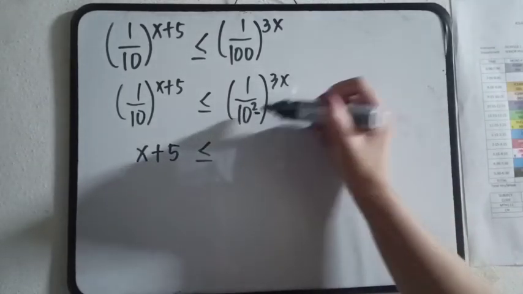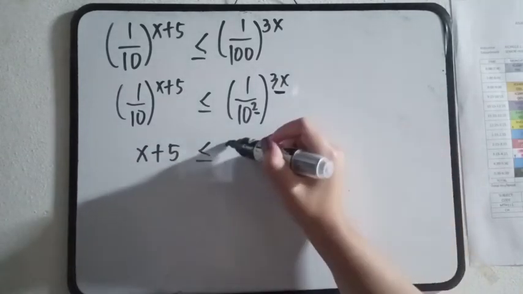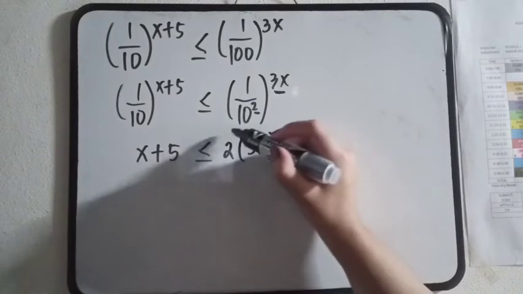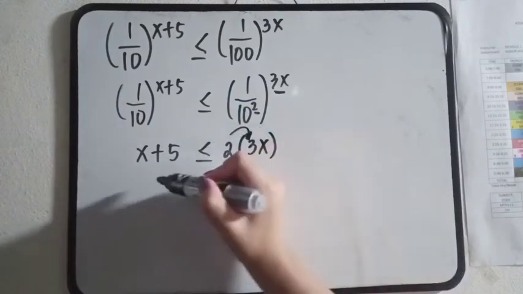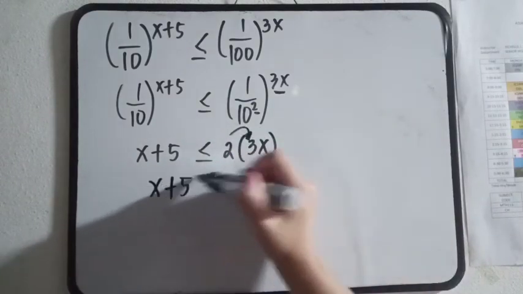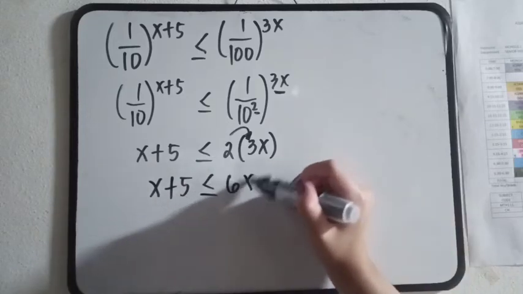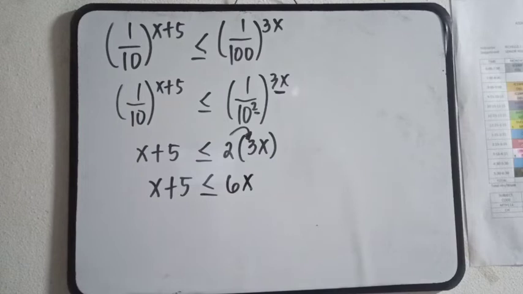Kunin natin itong exponent na to, then multiply kay 3x. So, 2 times 3x is 6x. So, x plus 5 is less than or equal to 6x.